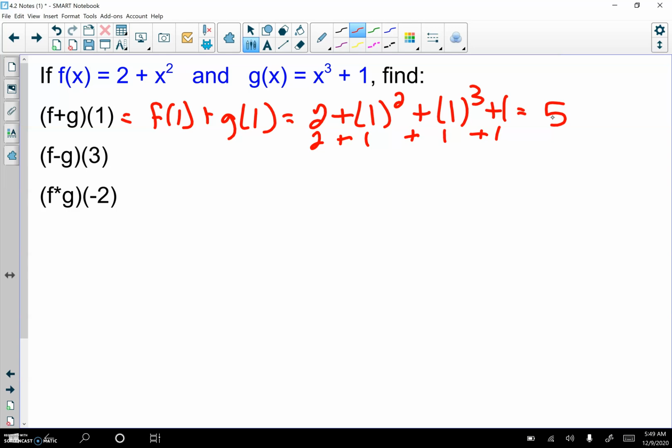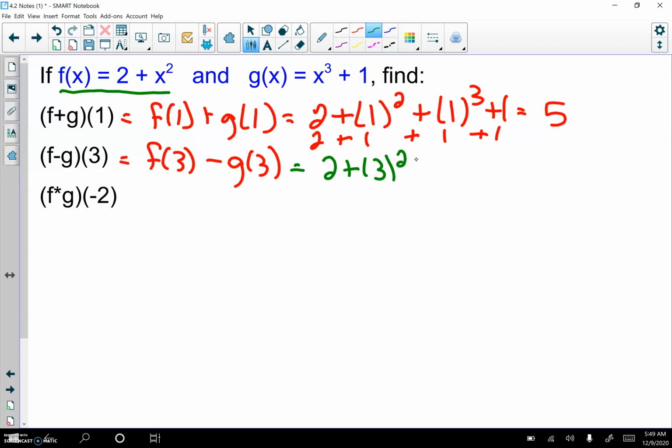The next one I'm subtracting: f of 3 minus g of 3. If I plug in a 3 into the f of x equation there, I'm going to get 2 plus 3 squared. You could do that on your calculator too.